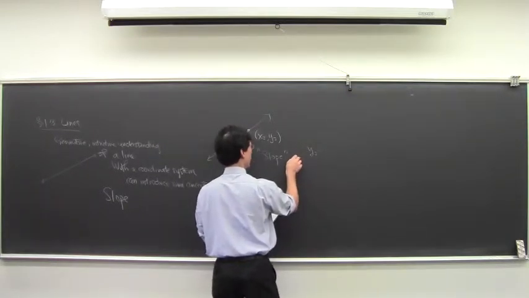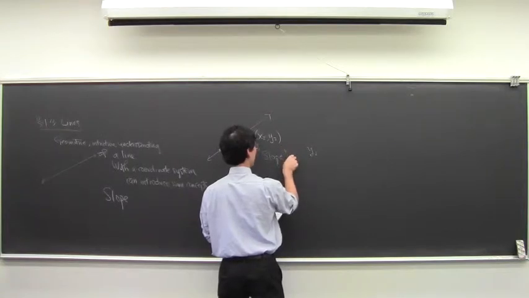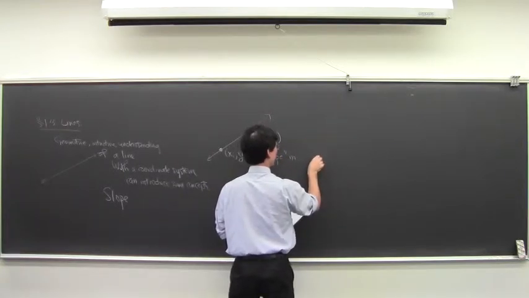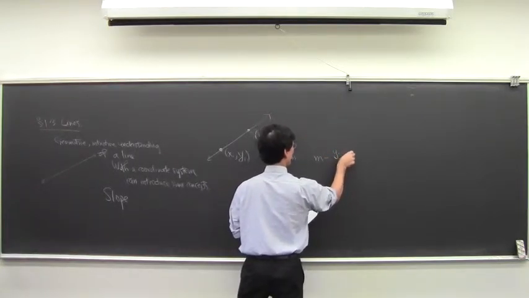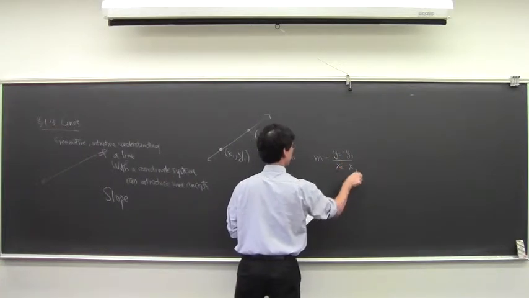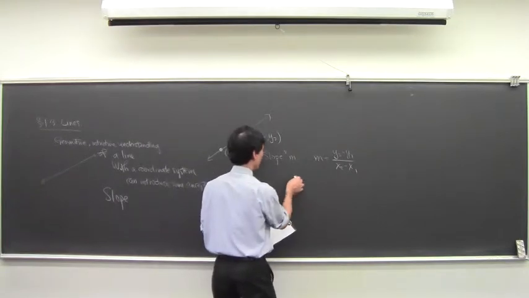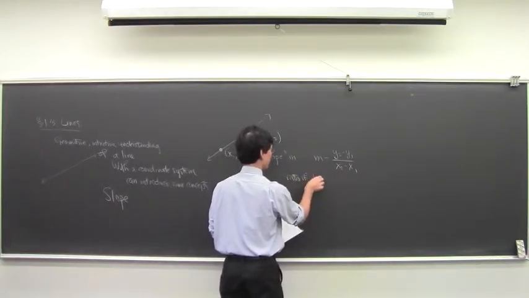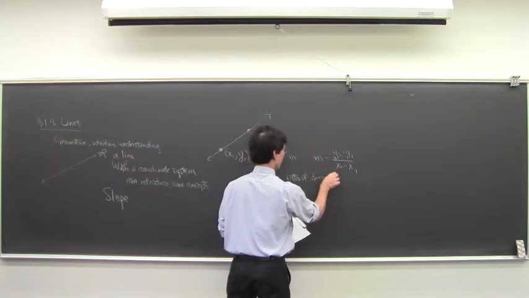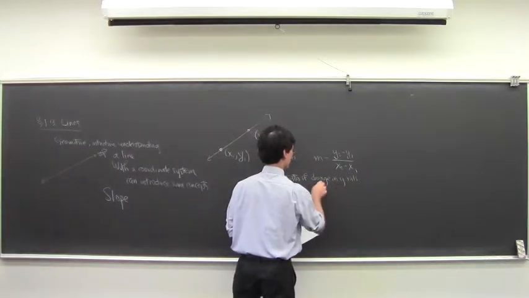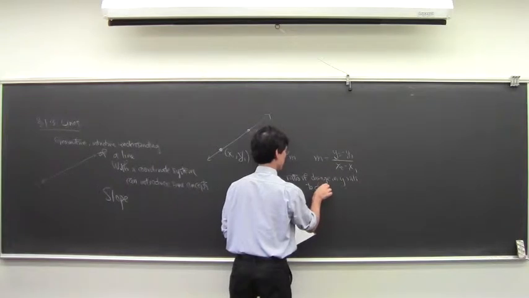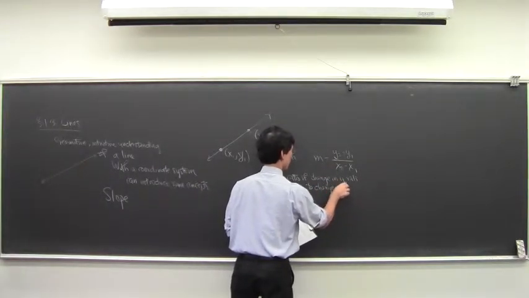It's usually denoted by an m, where m is y2 minus y1 over x2 minus x1. So it's the ratio of the change in the y values to the change in the x values.